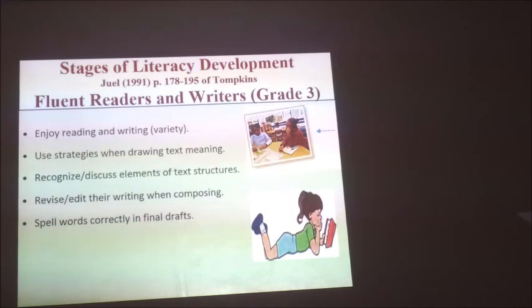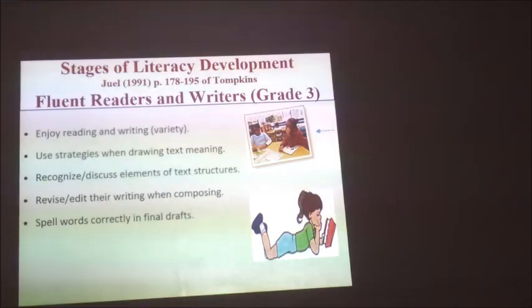Therefore, students need to be exposed to strategies that help them recognize and discuss elements of different text structures. So they connect to text. Their writing has developed and they can now write in paragraphs and follow the writing process from revising to publishing.